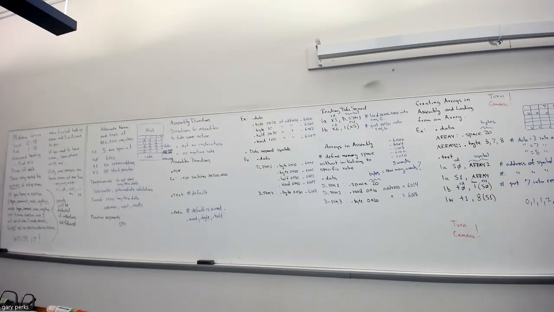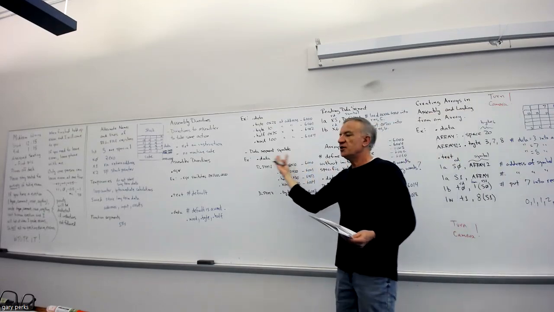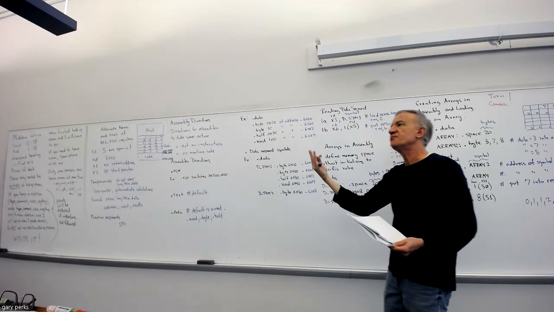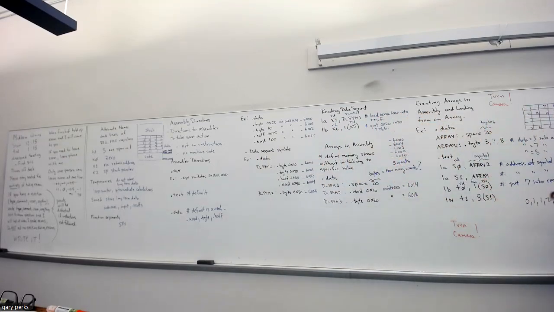Okay, so we've got data, and then now symbols, just like labels, you can put anything for a symbol, right? And you want to make your symbols in the data segment descriptive, just like your labels in the code segment. So what I did here is I used the symbol sequence, that's what the data is going to represent.